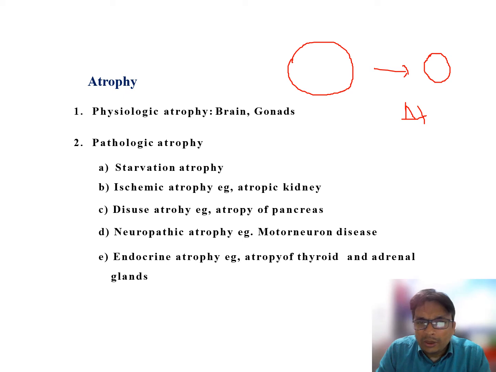The same thing happens with the endocrine system. If an endocrine gland is not getting sufficient nutrition, the size and quantity of those glands are also reduced, and the secretion is also reduced. This is the pathological atrophy that you will commonly observe in an individual suffering from these conditions.